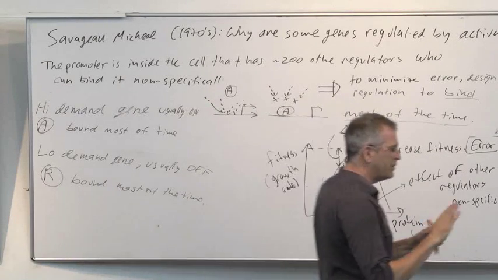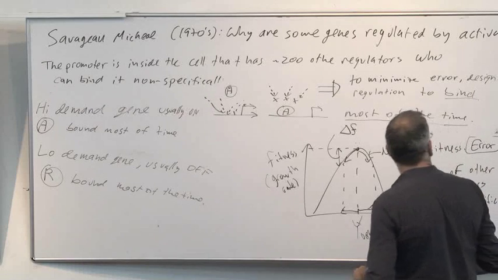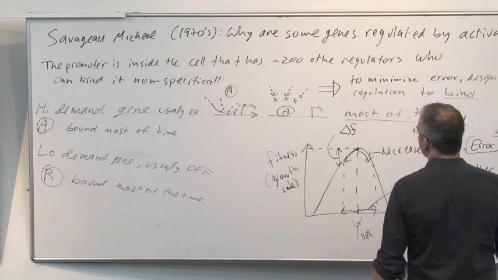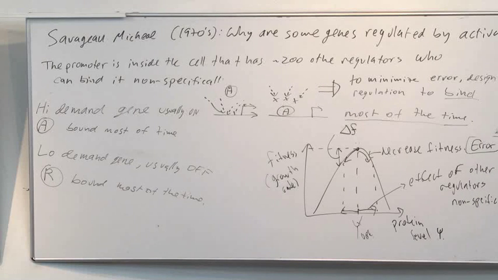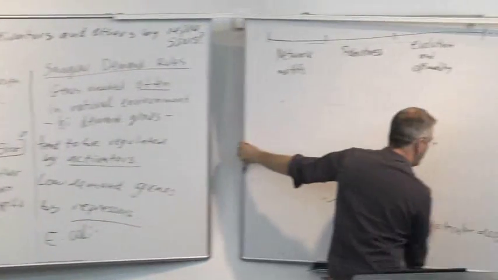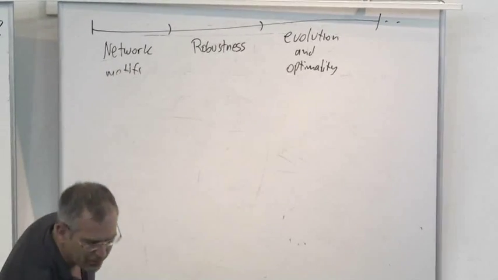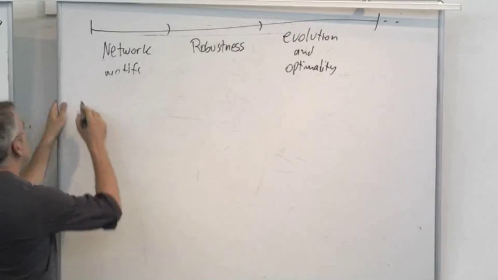I want to calculate the condition where we go from activator to repressor. What's the selection boundary? I'm going to do it here. And then we're going to go to multi-inputs and see how this idea can give you some interesting insight.